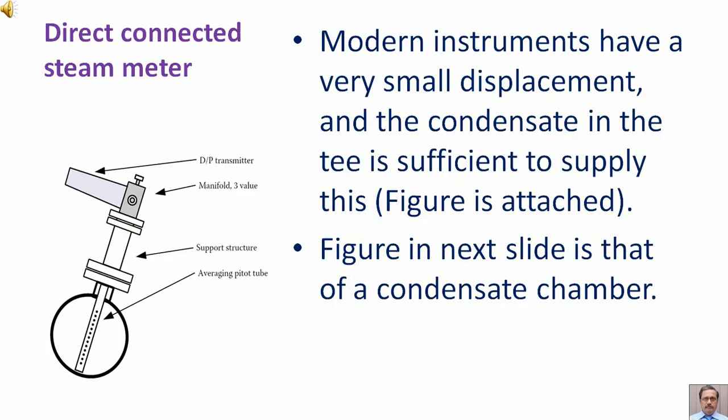Modern instruments have a very small displacement and the condensate in the tee is sufficient to supply this. The figure in the next slide is that of a condensate chamber.